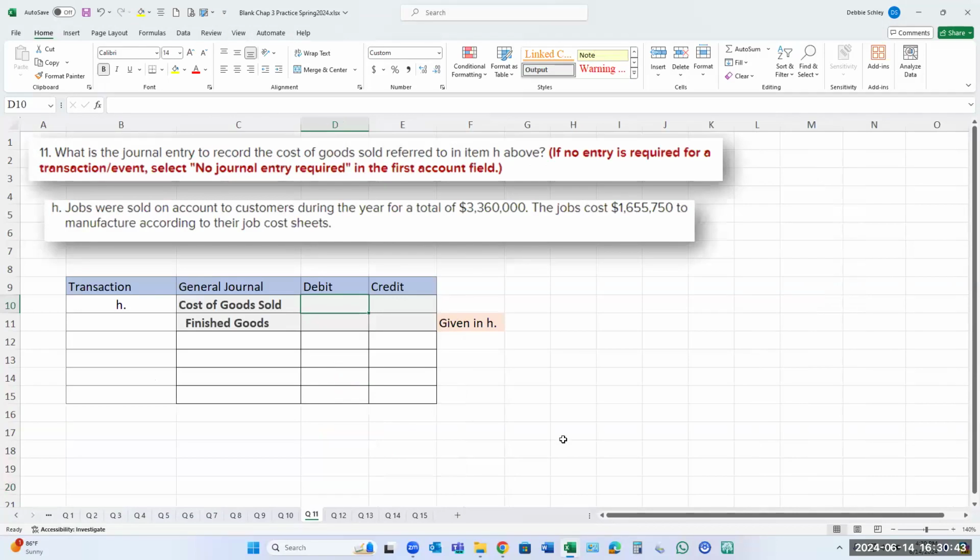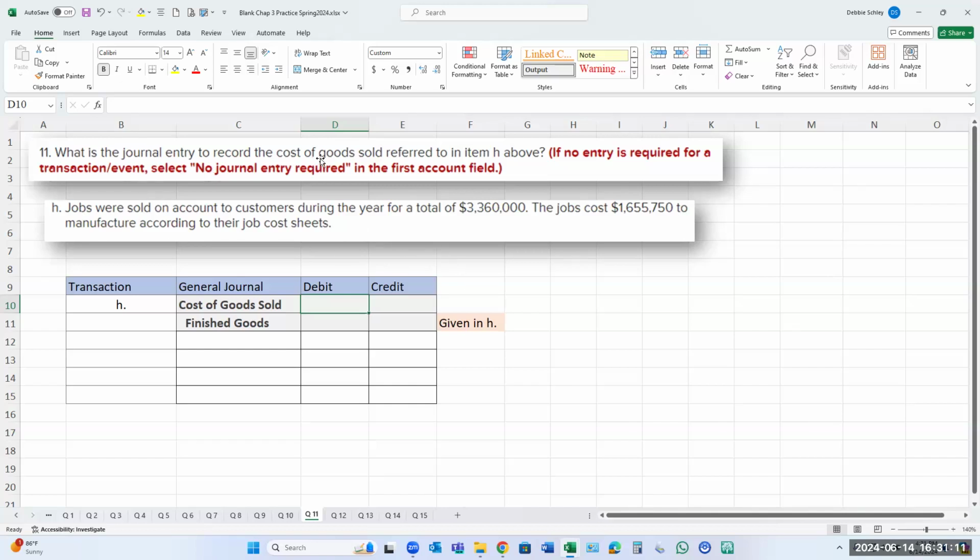Okay, question 11. What is the journal entry to record the cost of goods sold referred to in item H above? So I cut and paste. H: jobs were sold on account to customers during the year for a total of 3,360,000. The jobs cost 1,655,750 to manufacture according to their job cost sheet.